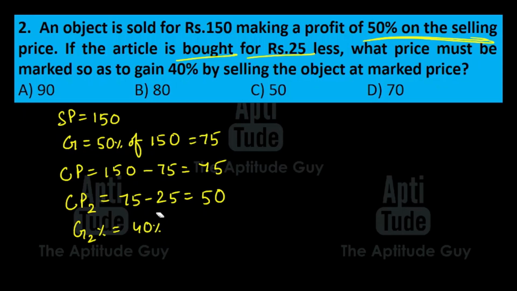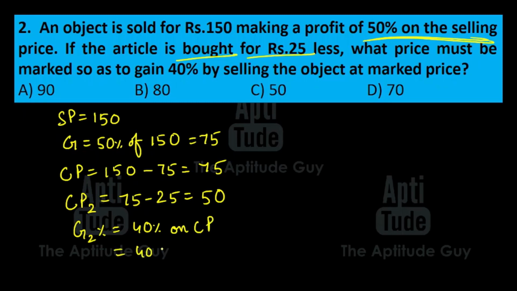Now, this 40% gain, is this with respect to cost price or selling price? Like I said, when nothing has been mentioned, you assume it to be cost price. But if it is specifically mentioned that it's on selling price, then it is on selling price. So this gain of 40% is 40% on cost price.